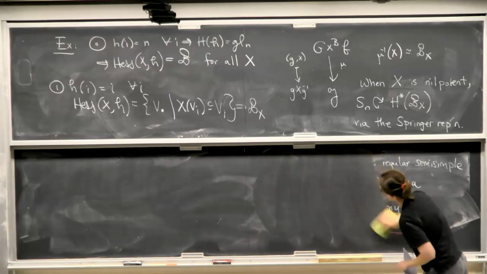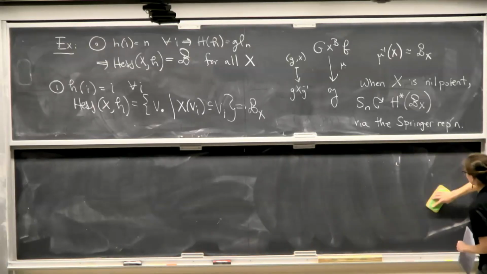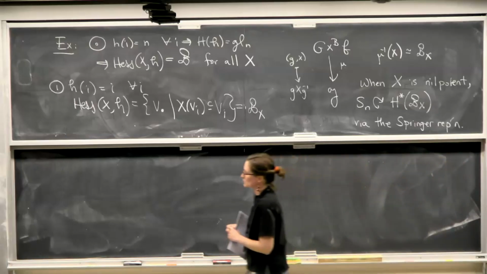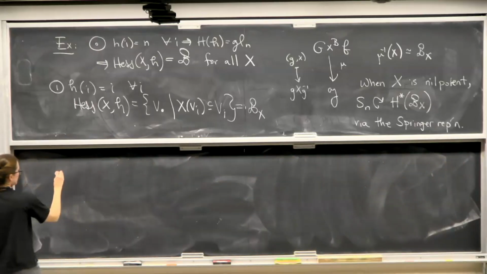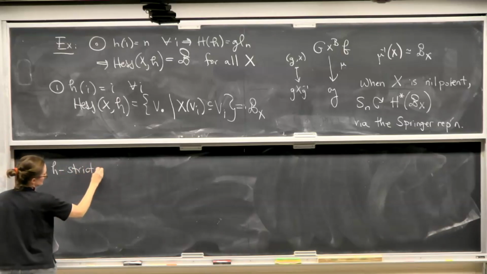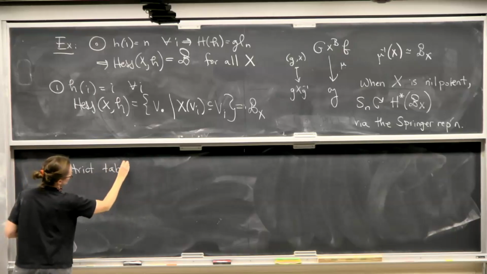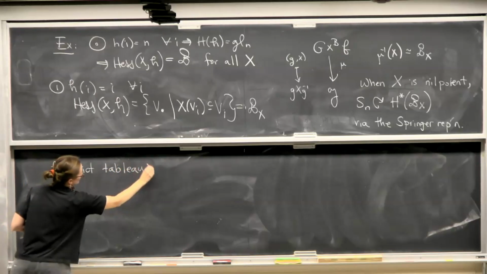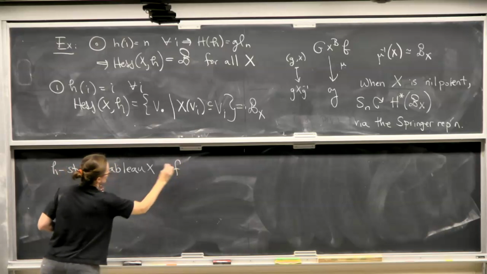I thought we haven't seen enough tableaux, so we need some more. They're in bijection with what I'll call H strict tableaux of shape lambda.